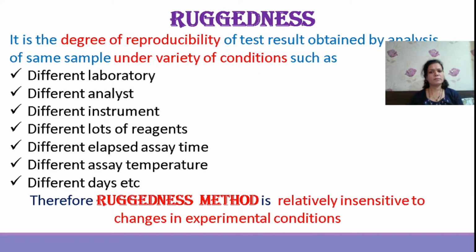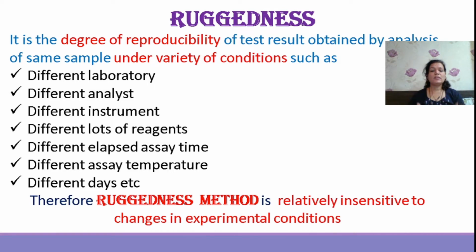Different instruments: the manufacturer will supply different colorimeters in different areas throughout India and abroad. The basic principle will remain the same, but the instrument will show variation. Lots of reagent means the supplier who supplies the chemical to your lab is different. Then elapsed assay time of performance of the method, different assay temperature with variation with respect to season, and different days.